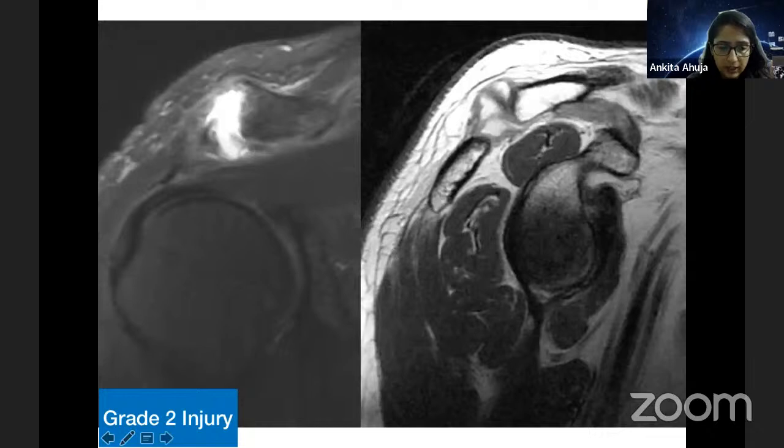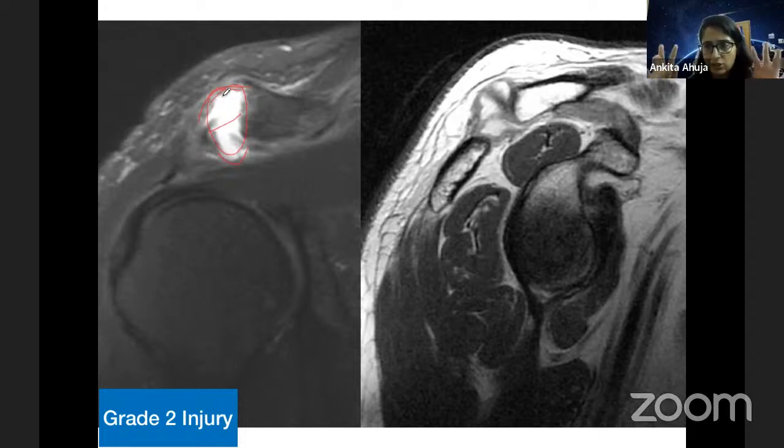Then moving on to grade 2 injury, you can see there is disruption of the capsule. The capsule is not seen at all. The joint has widened with fluid within. So this is definitely an acromioclavicular dissociation. There is fluid, there is capsular injury. And if you see the coracoclavicular ligament, can you see how thickened it is? I'll just go back to the previous image.